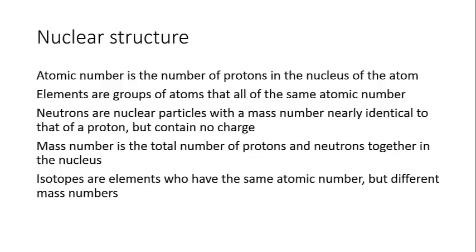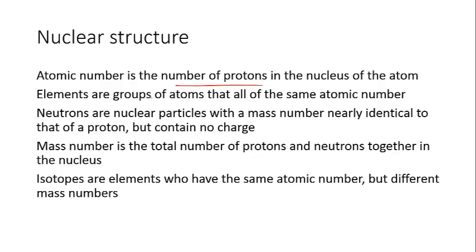Let's talk about the basics of nuclear structure. The atomic number is the number of protons in the nucleus of the atom. Now, protons are nuclear particles, meaning they're contained within the nucleus, with a charge equal to that of an electron. However, their mass is nearly 1,800 times greater than the mass of an electron.